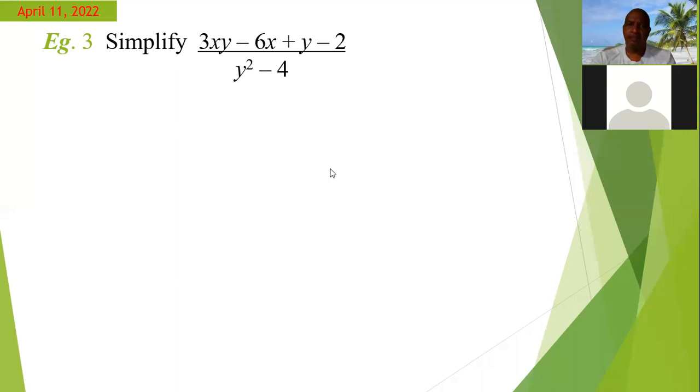So only by 1. Okay, all right. What you need to remember though, Ms. Wilson, is that the numerator is a 4-term expression, and so you may be able to apply the grouping method in factorizing it. So you probably want to try grouping if that's possible.